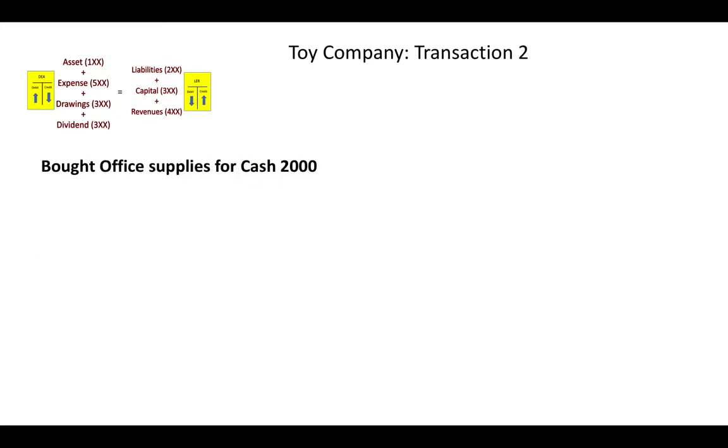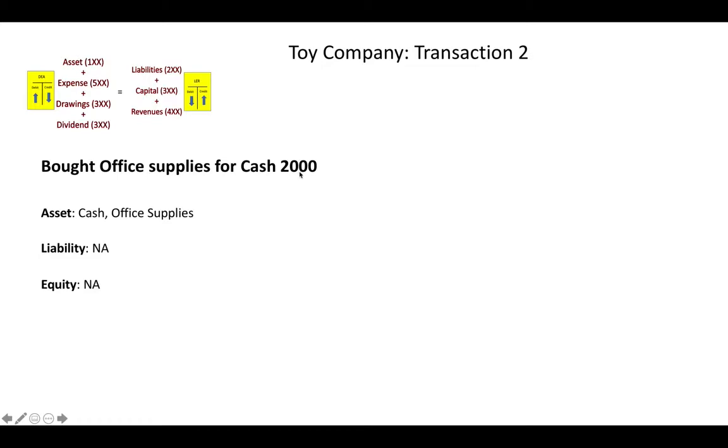Second transaction, Sam bought office supplies for 2,000. Here, what are the accounts? Office supplies and cash, and both are assets. There is no liability, no equity, right? And again, from this small picture here, we know office supplies is an asset, it goes up. We have more assets, more supplies, it's a debit.